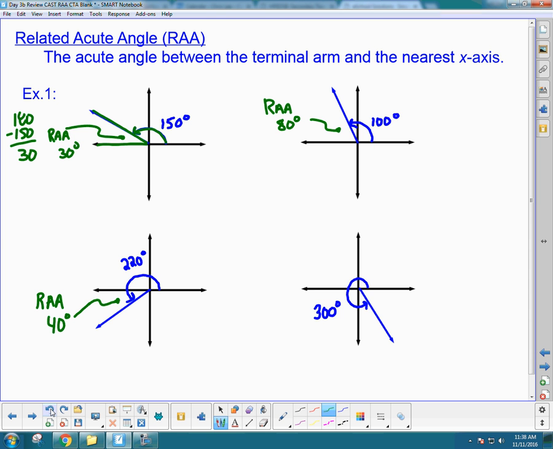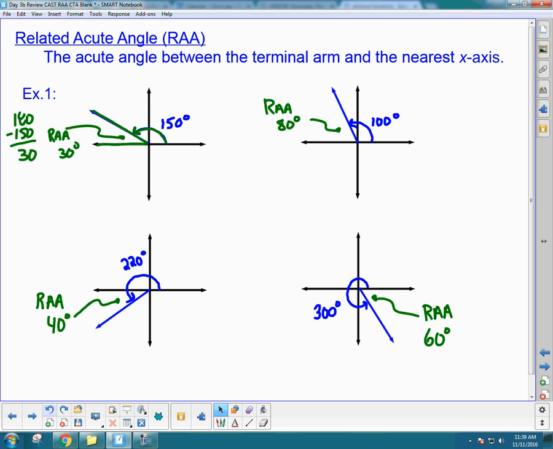Then our final example is almost a full rotation, but we don't quite get there. We have this much left over. That's the nearest x-axis, so it's the related acute angle. We know a full rotation would be 360, but we only went 300 degrees. That means I've got an extra 60 degrees to go, and that's the related acute angle. Again, understanding related acute angles is more important than memorizing how to get them.